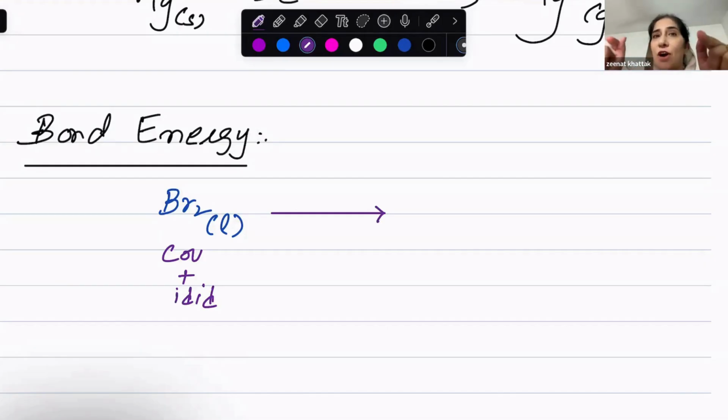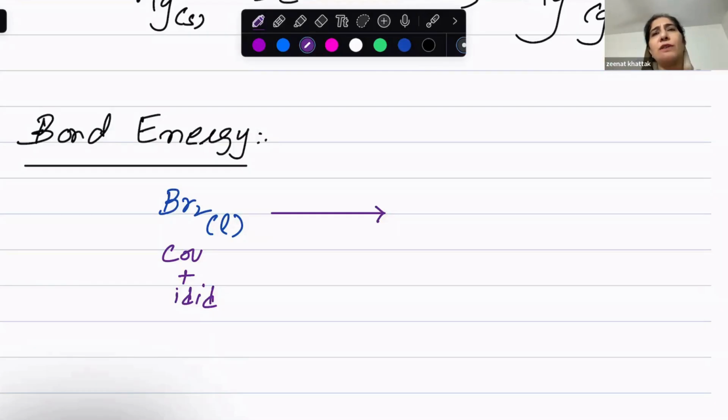When bonds are formed, which bond will form first? The stronger. If there are many bonds to be formed, the bond that is formed first is the stronger one. And which bond will break first? The one which is weaker. So is the covalent weaker or IDID?